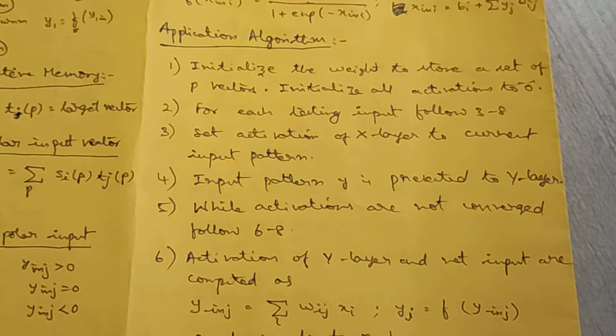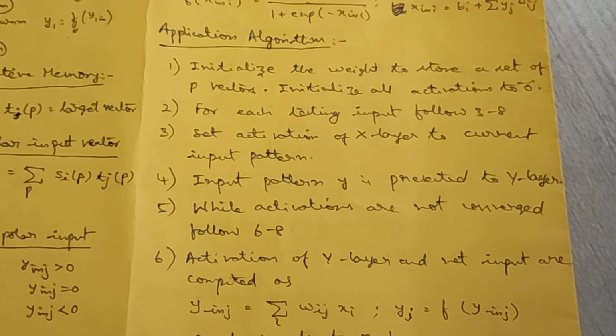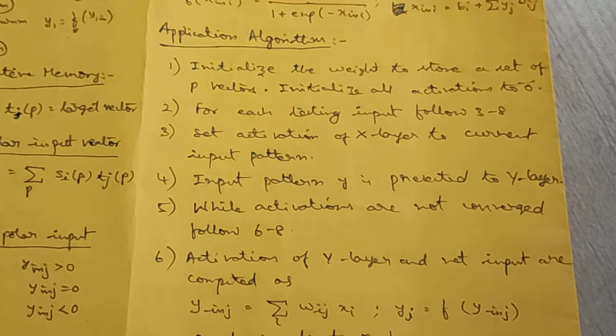The target pattern is presented to the Y layer. If we take the input pattern for the X layer, we take the target pattern for the Y layer, and we go ahead. While activations are not converged: the input vector is given to the X layer and the target vector is given to the Y layer.